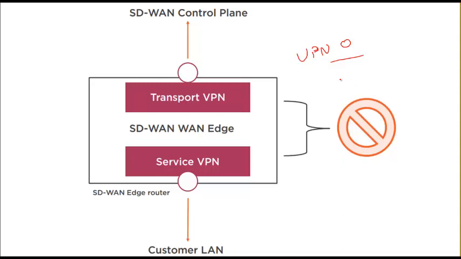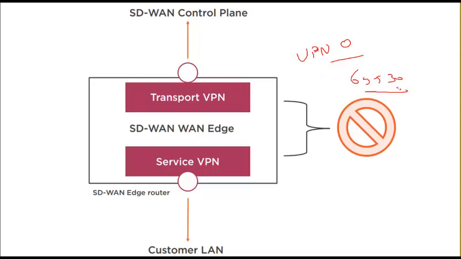Now, the VPN identifier is a 4-byte integer, 4 bytes, 32 bits, no? It's a 4-byte integer with a value that starts from 0 to 65530.